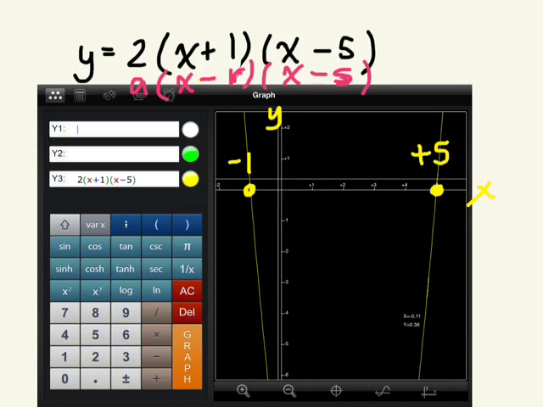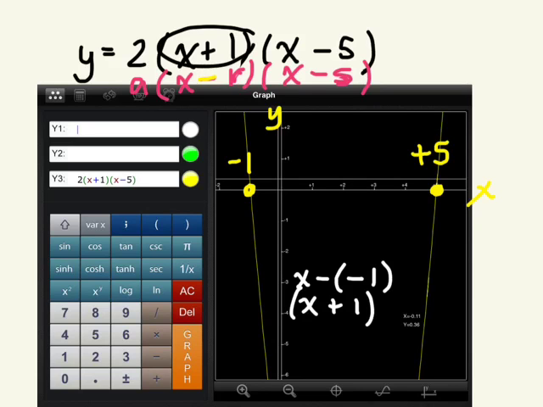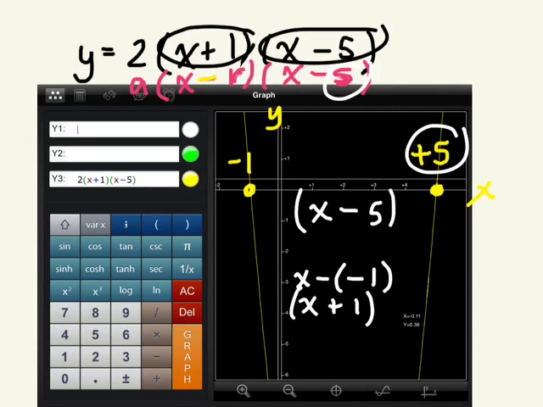Well, if I'm taking away R, would it make sense that x take away R, which is negative 1, becomes x plus 1? Was that my first part of this equation here? And then I'm taking away, we have x minus s, right? What's s? 5. That's the second part of this equation. So what do you think R and S represent?